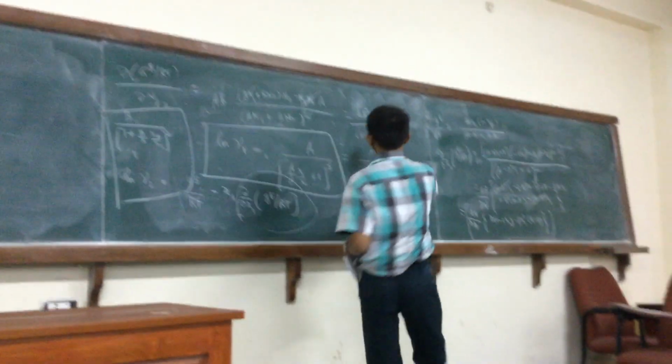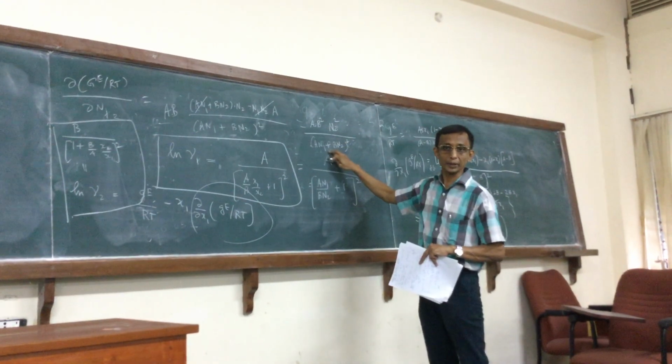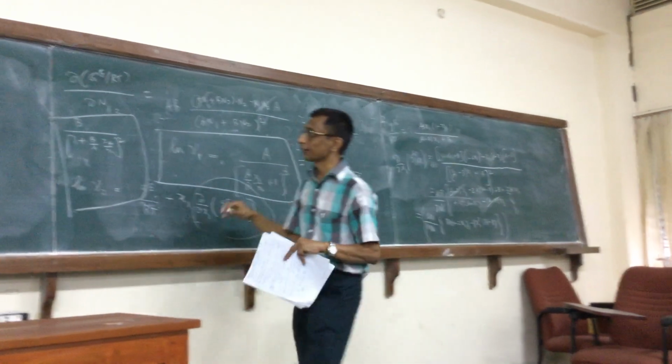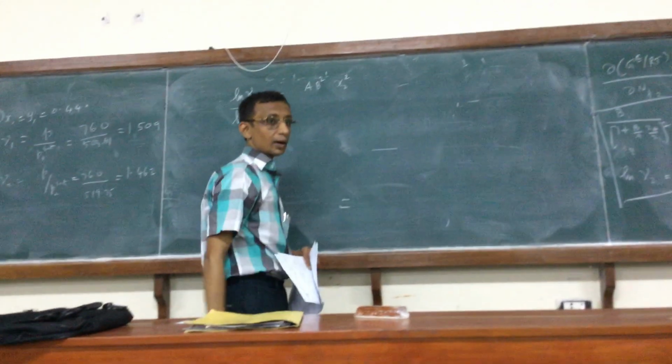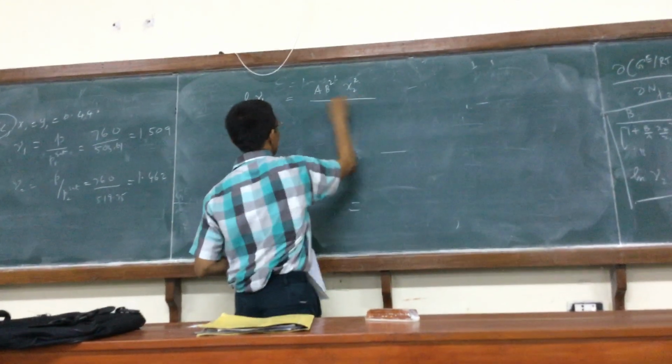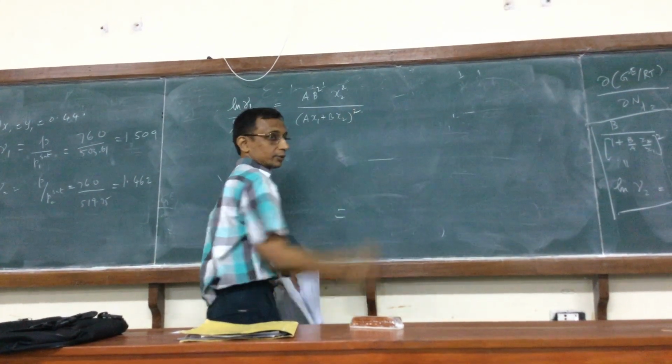If I divide by n1 plus n2 squared, in the numerator and the denominator, you can clearly see that this would be AB squared x2 squared divided by (Ax1 plus Bx2) squared.